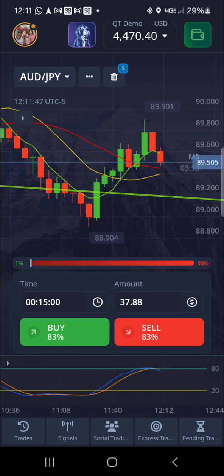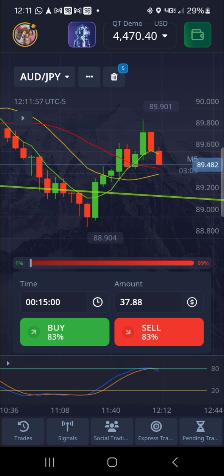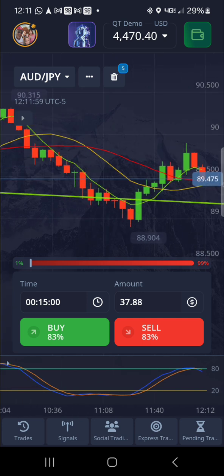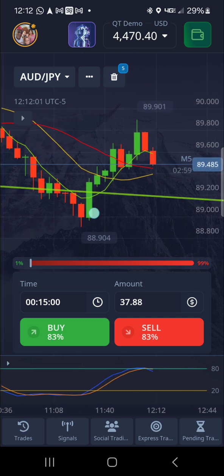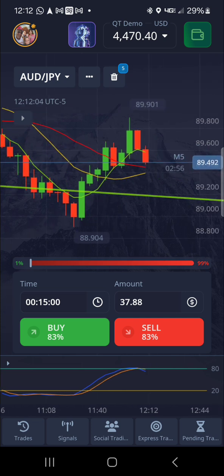And yeah, I just barely missed it, it looks like, because 5, 10, 15, if I did a 20-minute trade, it would have hit. That's 5 right there, 10 right there, 15 right here. And then it went up on the 20, and now it's up above. So that's unfortunate.